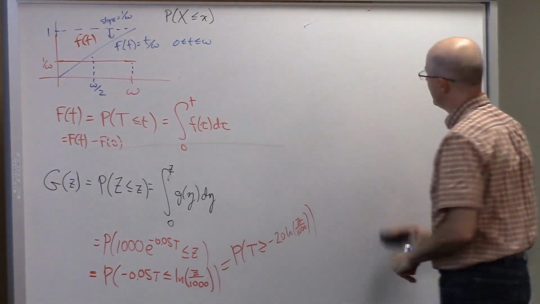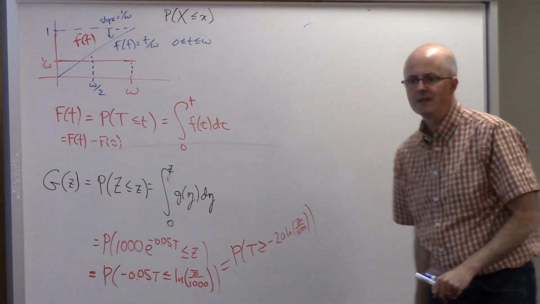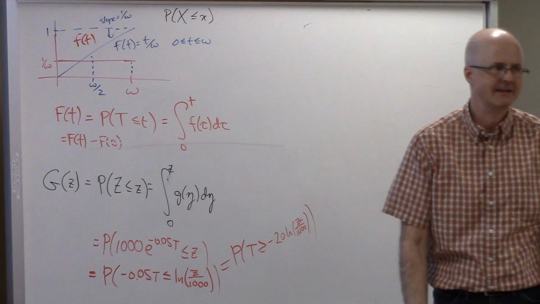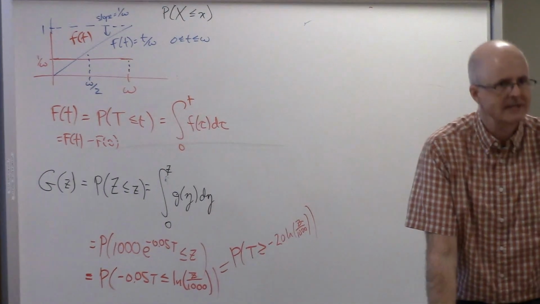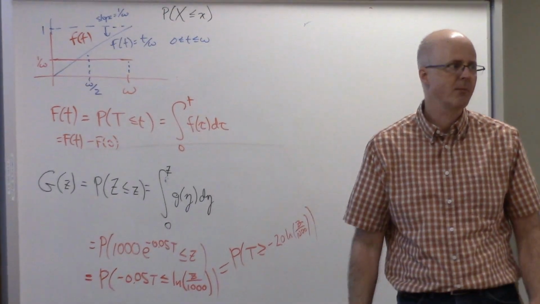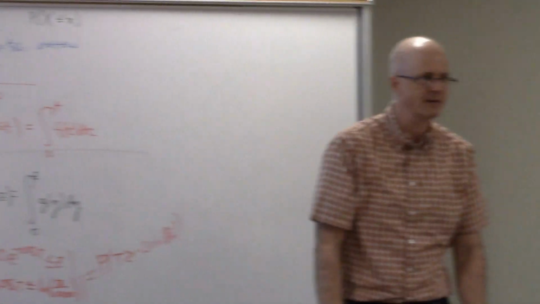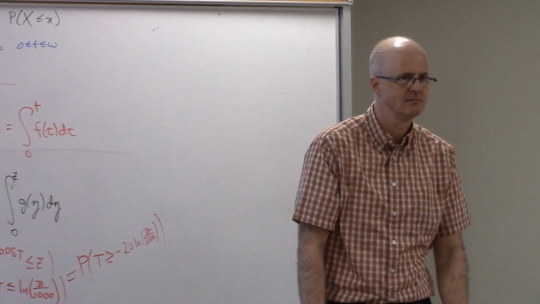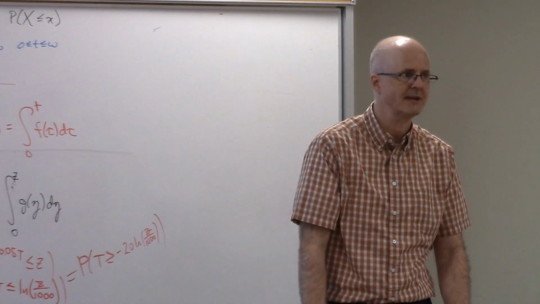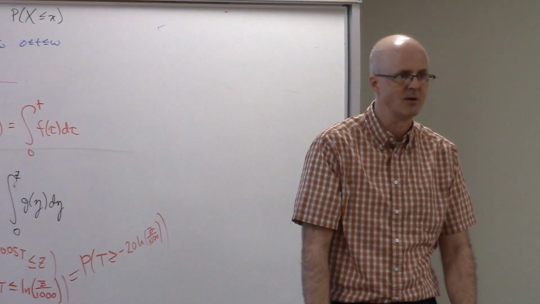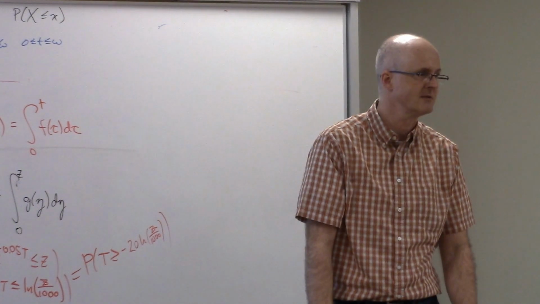Now the probability of something happening is 1 minus the probability that it doesn't happen. For example, if there's a 30% probability of rain tomorrow, that means there's a 70% probability of no rain tomorrow. 100% minus 30% is 70%. Or as a decimal, 1 minus 0.3 is 0.7.